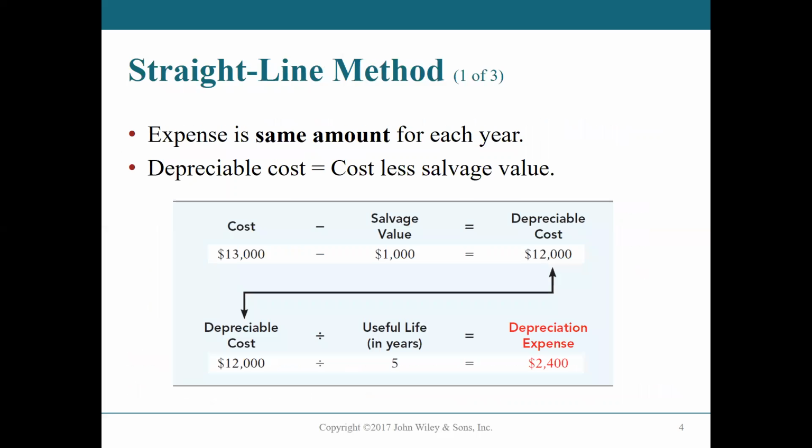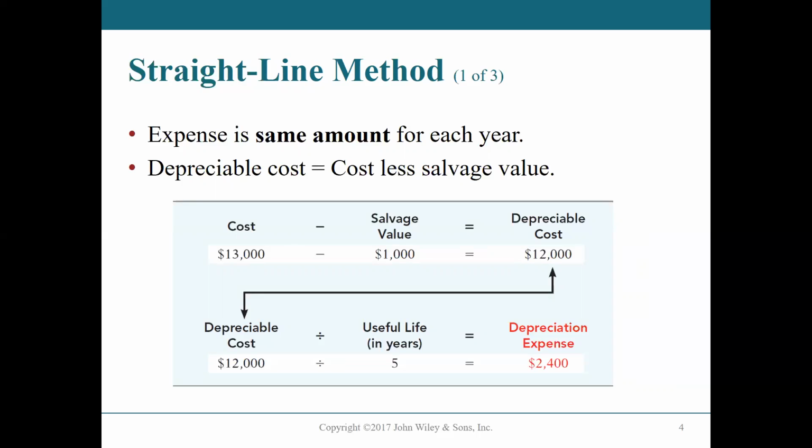All right, so the first is what's called the straight line method. So there's a basic formula for straight line depreciation, which is we take our cost minus our salvage value, and that gives us our depreciable cost, or sometimes you'll see it written as depreciable value, okay? That's the amount we're going to depreciate over the asset's useful life. Then our depreciable cost divided by our useful life will give us the amount of depreciation expense we'll take each year.